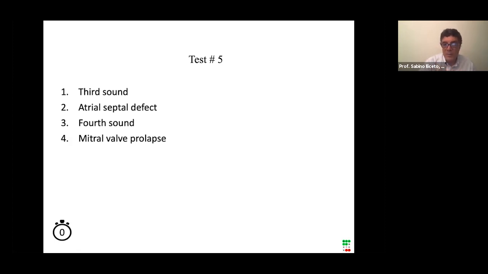a mitral valve prolapse. So let's start with the polling of test number 5. Please vote.